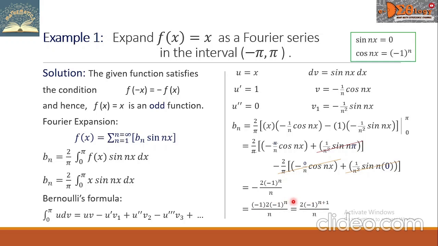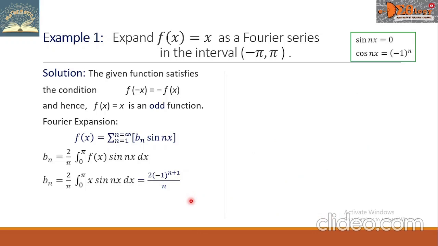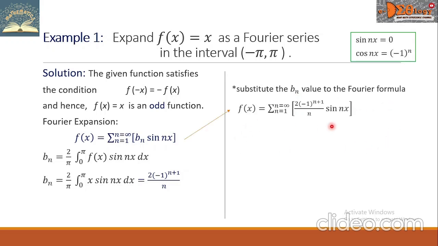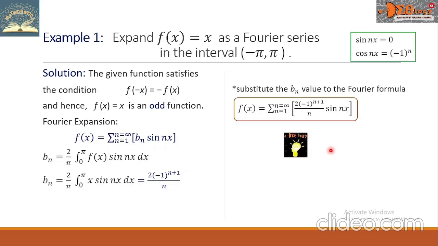So final answer, 2 times the quantity negative 1 that is raised to n plus 1, then all over n. This is the value of our b sub n. We will now simply substitute the value b sub n to the Fourier formula. So it becomes like this. This is the final answer.